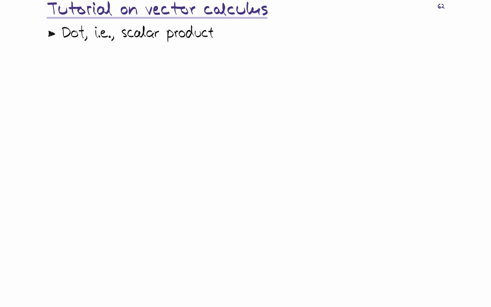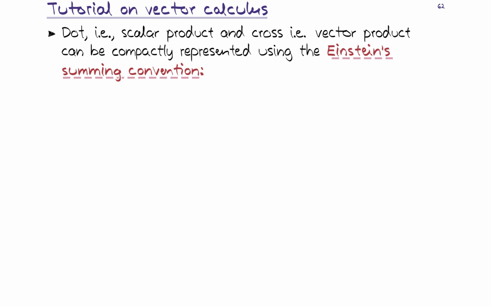So the dot product, also known as the scalar product, and the cross product, also known as the vector product, can be represented compactly in different ways. Here, for peace of mind, I'm showing you Einstein's summing convention. Most of you probably think this is way beyond our course curriculum, and you would be entirely right.